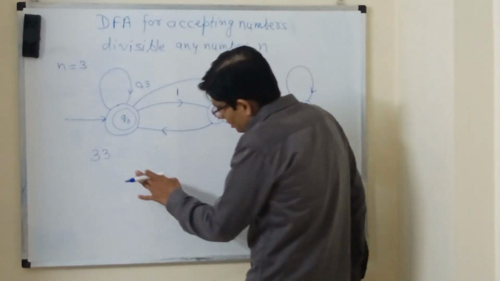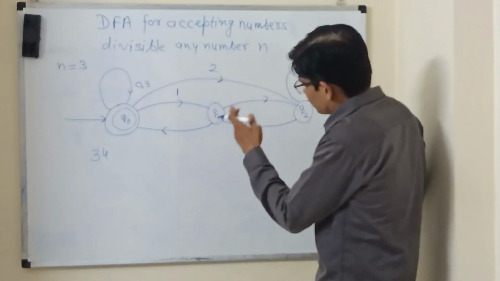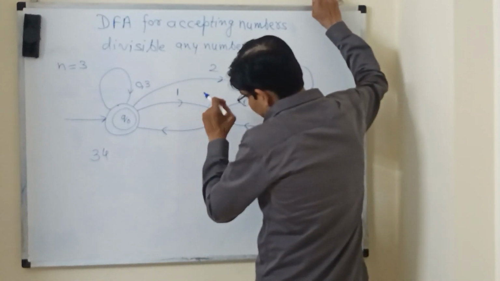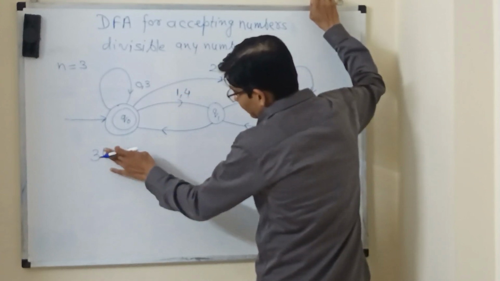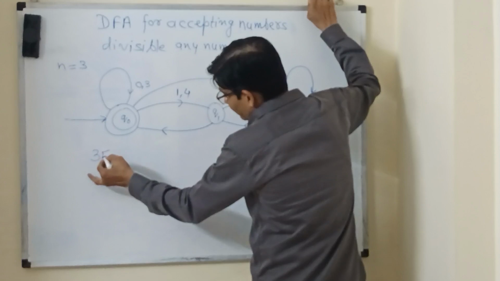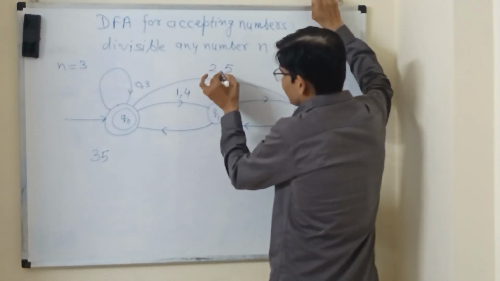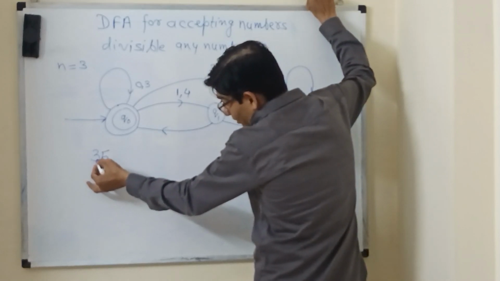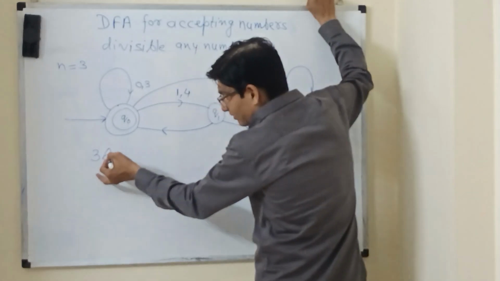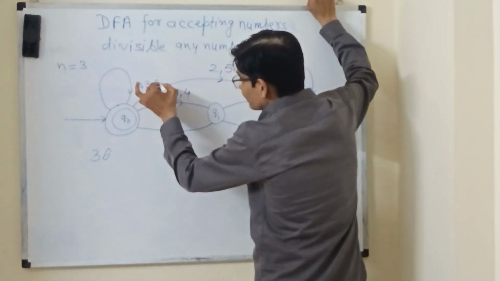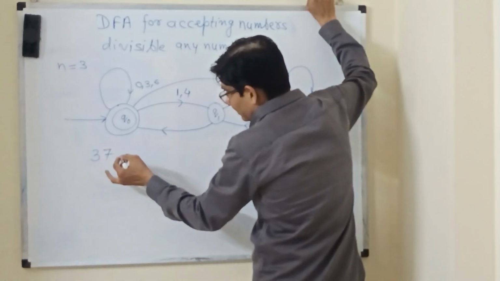Now, if we apply 4 here, you will get the remainder 1 state, so you can apply 4 here. Then if you apply 5, you will get the remainder 2 state, so I can write here also. Then if we apply 6, you will get a number divisible by 3, so you will get the same state Q0. If you apply 7 here, you will get remainder 1.